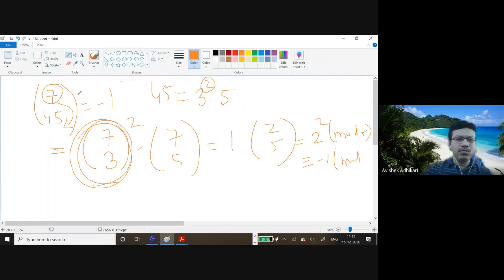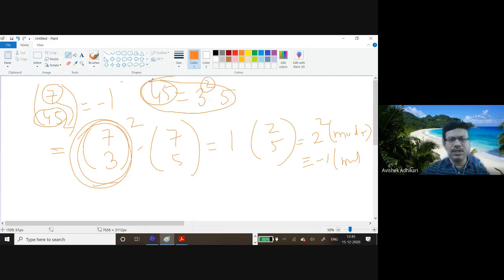So here you know that 45 can be factored in this way, right? So you know the factorization of 45. For the definition of the Jacobi symbol, if you want to calculate this from the definition in terms of the Legendre symbol, then you must know the factorization of 45.